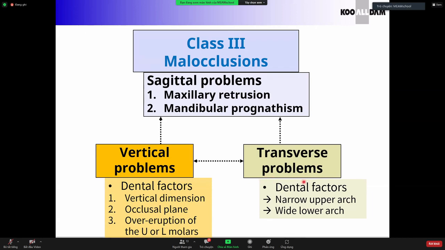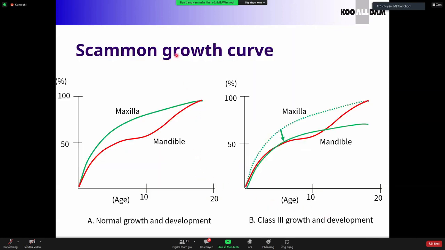And also we can check the transverse problem. So we can see a narrow upper arch or wide lower arch. As you know, this is the Scammon growth curve. This is normal growth and development. We can see the maxillary growth first, and later mandibular growth.